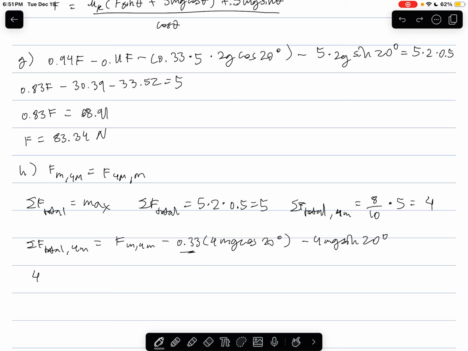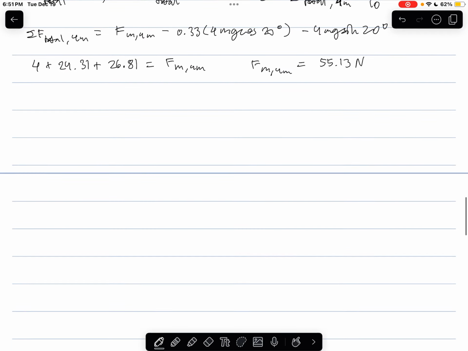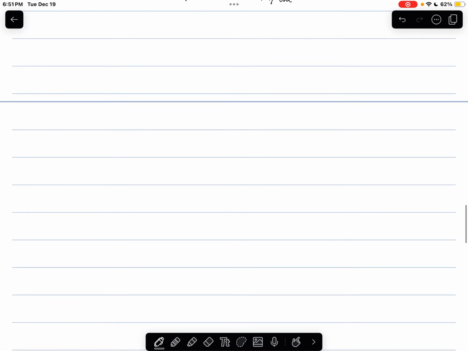So I'm gonna add 4 plus 24.31 plus 26.81 equals Fm4m, and Fm4m after calculator work will be 55.13 newtons. Okay, last one, I think.